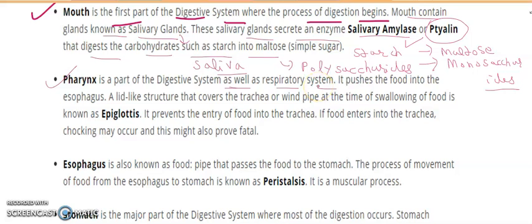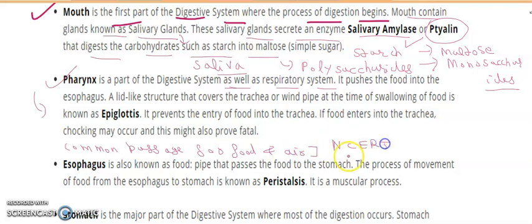This is an NCERT line, so sometimes an MCQ can be framed from here: which is the common passage for both food and air? Our pharynx is the common passage for food and air. The pharynx is a part of the digestive system as well as the respiratory system.